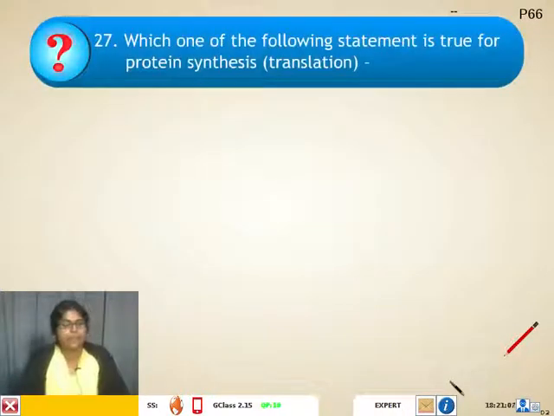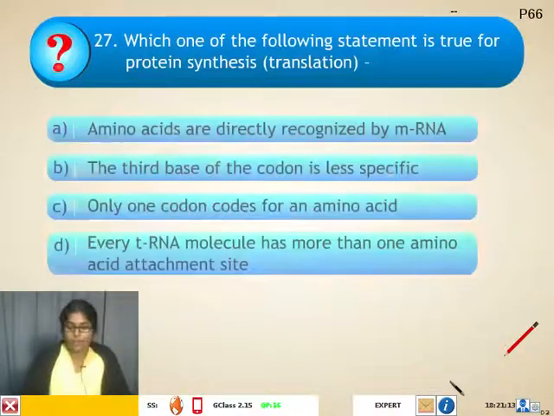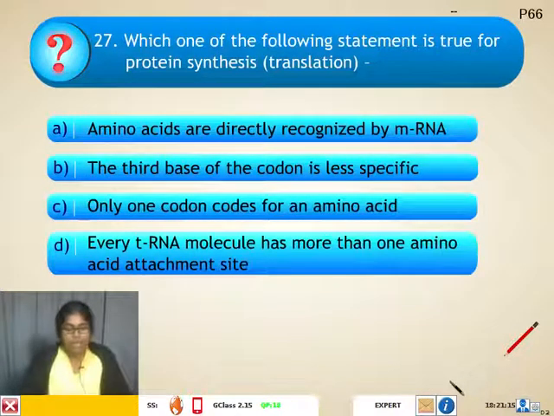Okay, next question. Which one of the following statements is true for protein synthesis? Your options. Option A, amino acids are directly recognized by mRNA. Option B, the third base of the codon is less specific. Option C, only one codon codes for an amino acid.